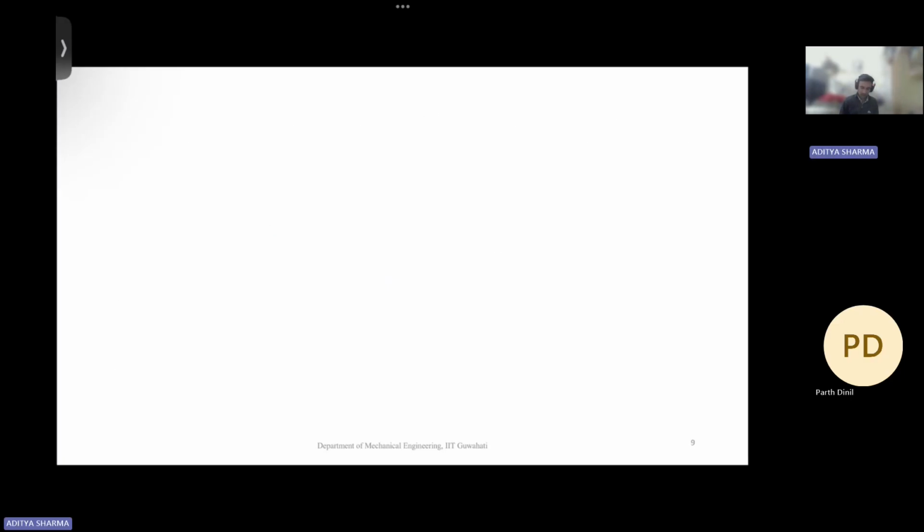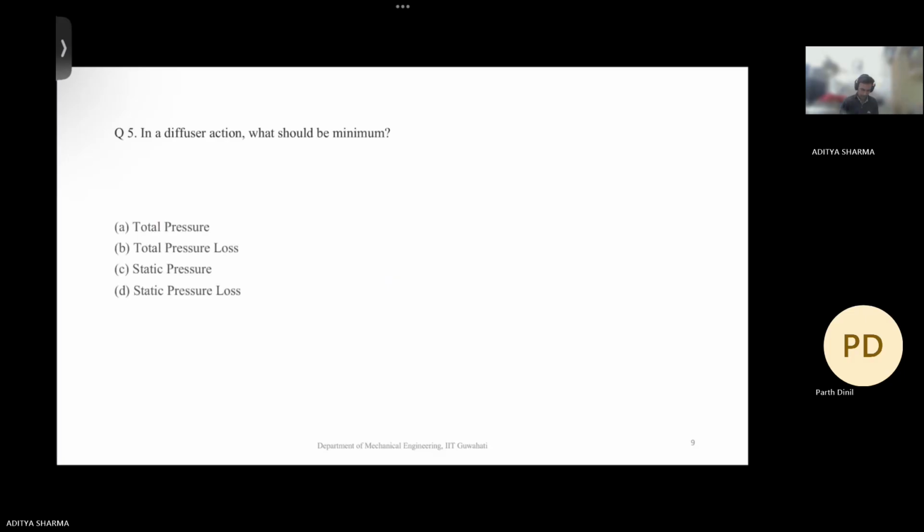Then next question we have, in a diffuser action, what should be minimum?